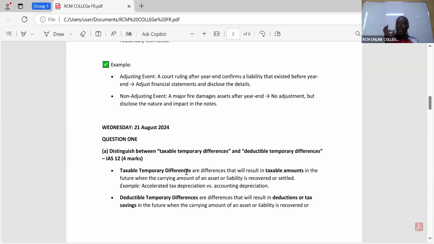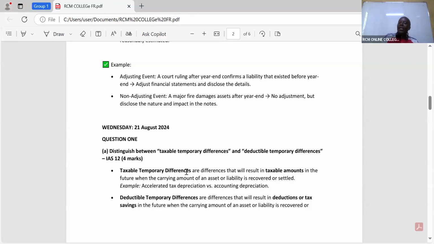When you subtract them, there is a difference you will get. If this difference is a gain to you, then automatically you will pay tax on it in future.